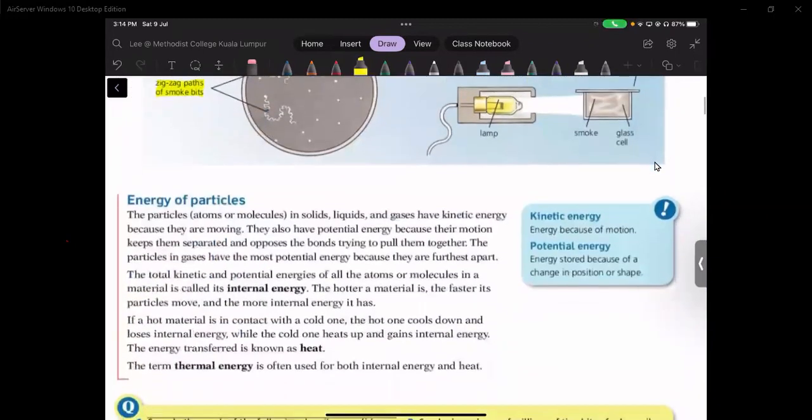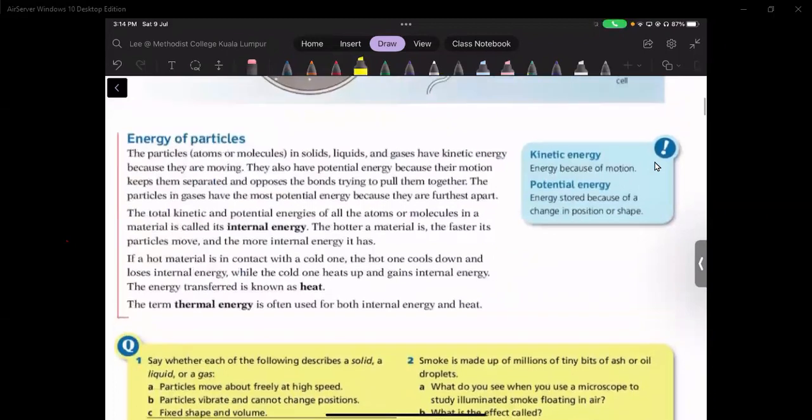Okay, so these particles are actually moving, and because they are moving, we say that they have kinetic energy. Even solids have kinetic energy because they vibrate, correct? And they also have potential energy because their motion keeps them separated and opposes the bond that's trying to pull them together.